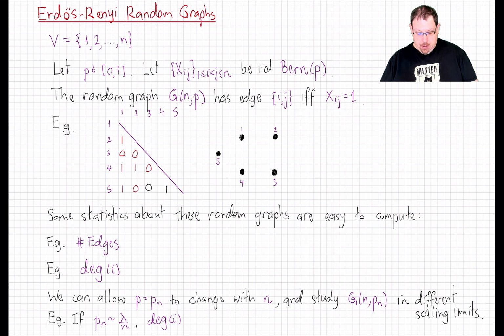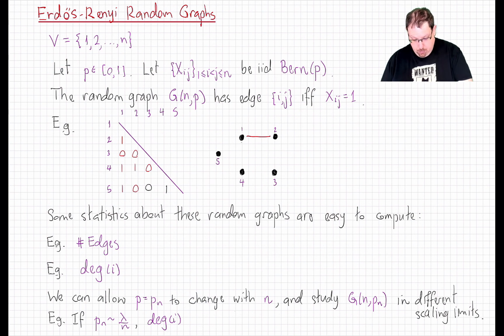So for example, suppose that I take my triangular array of Bernoulli random variables and test them in one outcome. I find that these are their values. x12 is 1, x13 is 0, and so on around here. Then I can just read off from there and draw what the graph looks like. There's an edge between 1 and 2. There's no edge between 1 and 3.